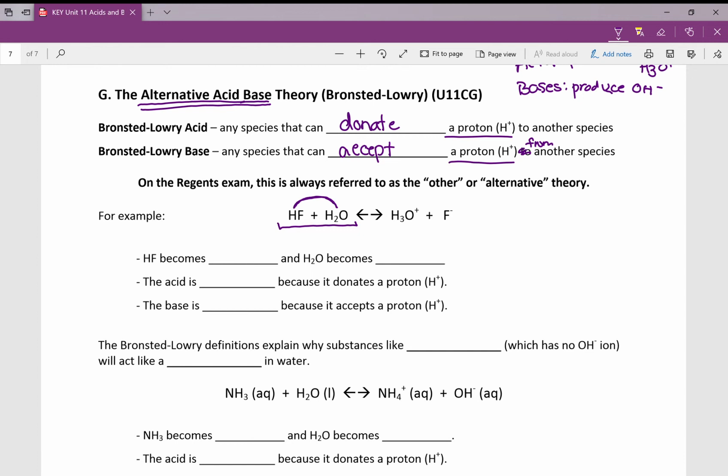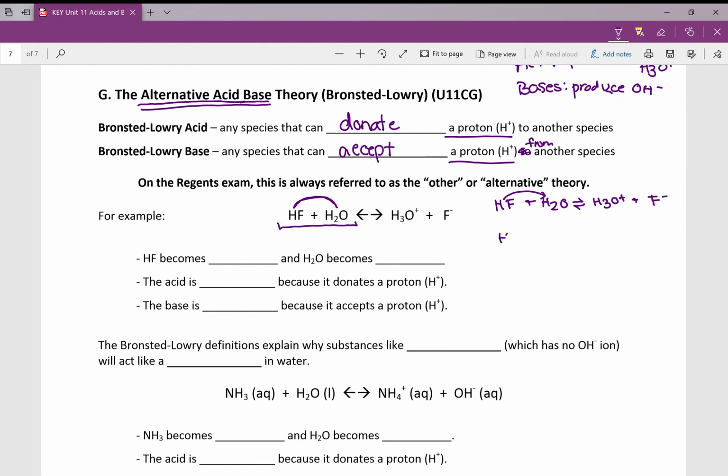If the H plus moved from HF to H2O, that would mean that H2O would become H3O plus, right? And then HF would have one less hydrogen and you get F minus, which is what I have.